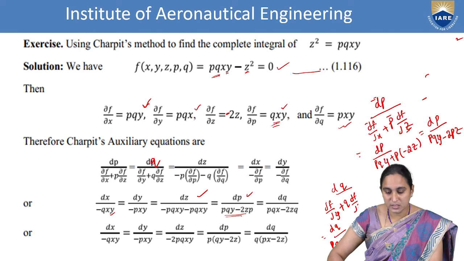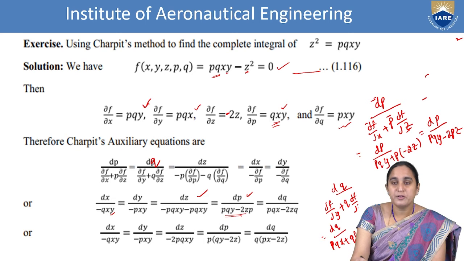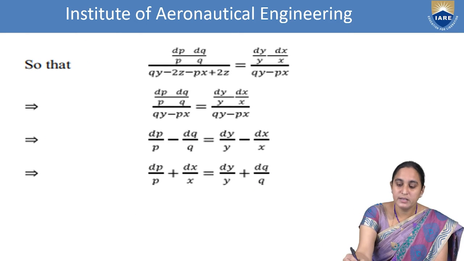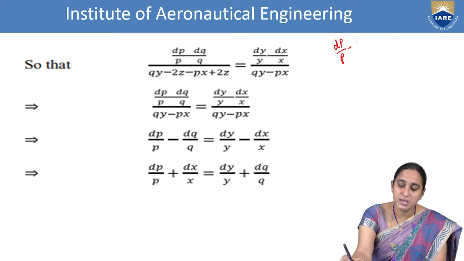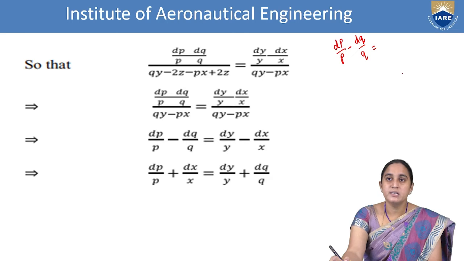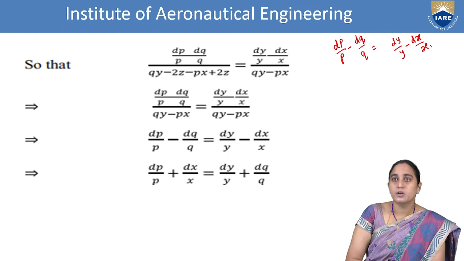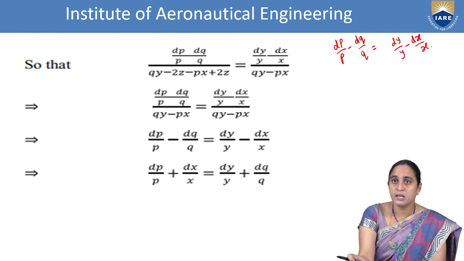From the auxiliary equation we get either the p value or the q value. Then I'll take from the auxiliary equation dp by p minus dq by q, that is equal to dy by y minus dx by x. This is the possibility to take to solve for either p or q.